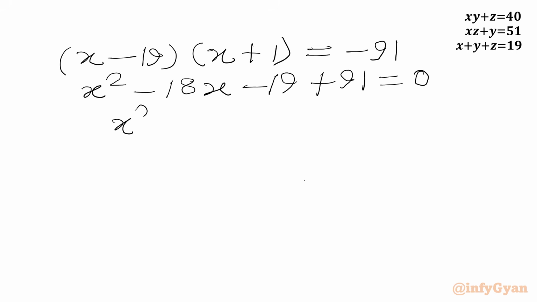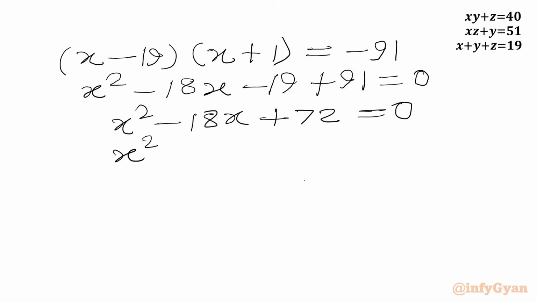We will write X square minus 18X, 91 minus 19 is 72, equal to 0. We have quadratic equation. We can solve by factoring. So we will split our middle term minus 18X minus 6X minus 12X plus 72 equal to 0.